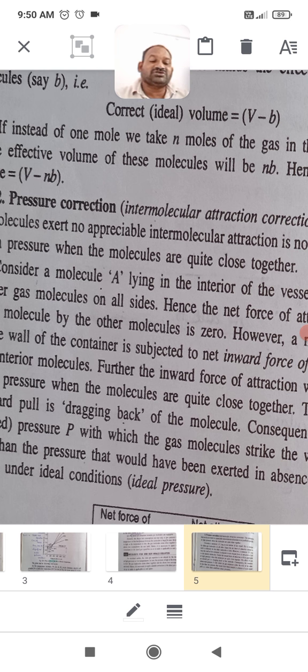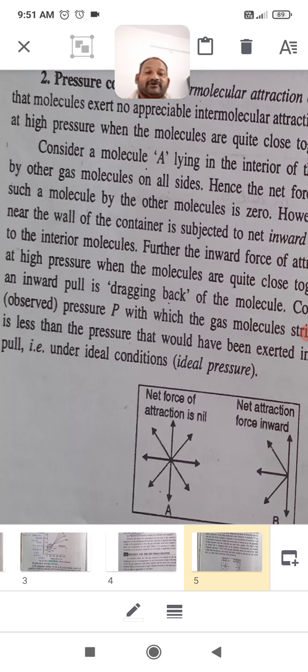Consequently, the measured pressure P with which the gas molecules strike the wall of the vessel is less than the pressure that would have been exerted in absence of such inward pull, that is, under ideal conditions. You see in the slide clearly.